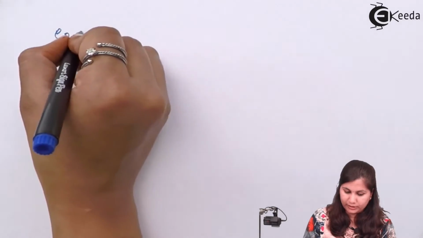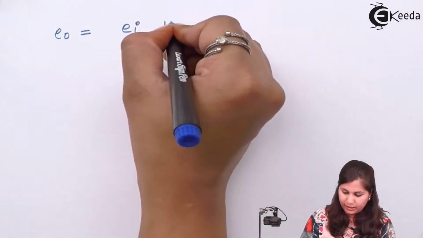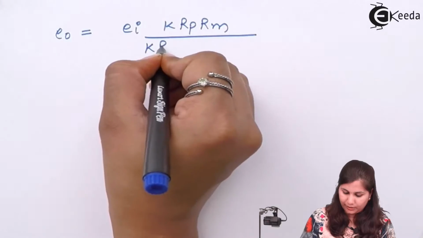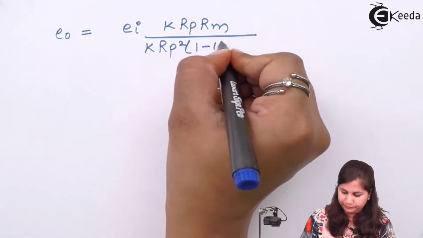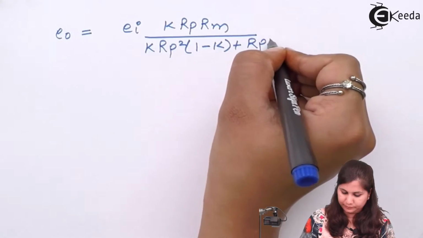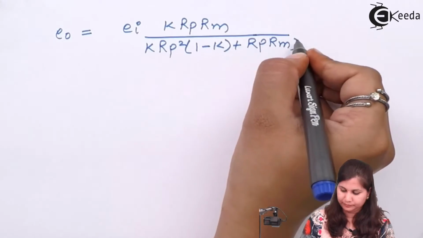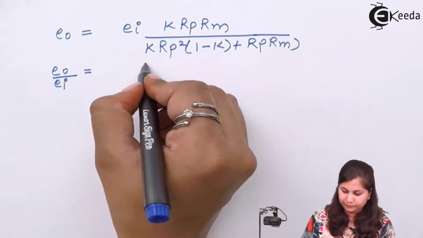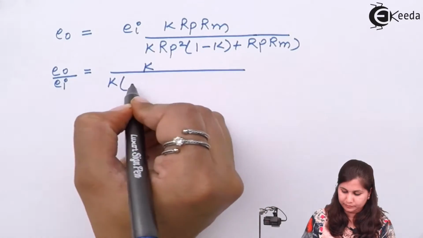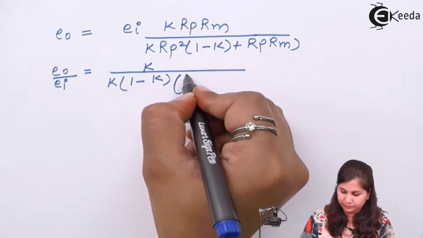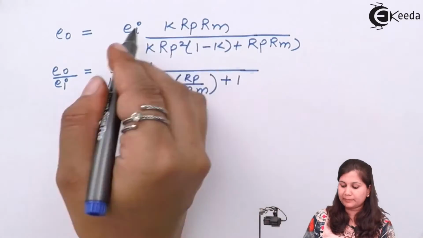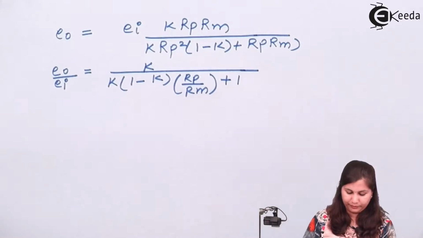So here you can see that the output voltage E naught is equal to Ei K Rp Rm upon K Rp square and so on. So E naught upon Ei, when we simplify this, we will get this ratio.